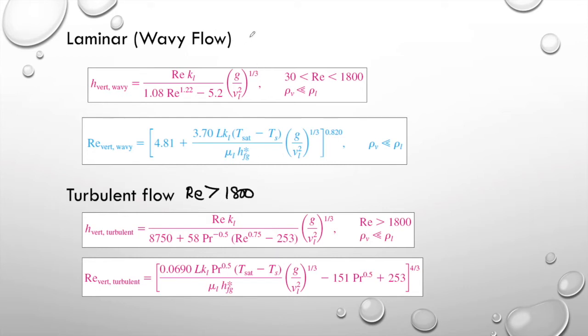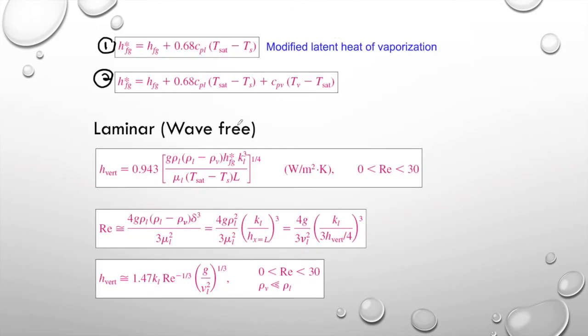For the wavy laminar, it must be in between 30 and 1800. For the laminar wave free, the Reynolds number is in between 0 to 30.